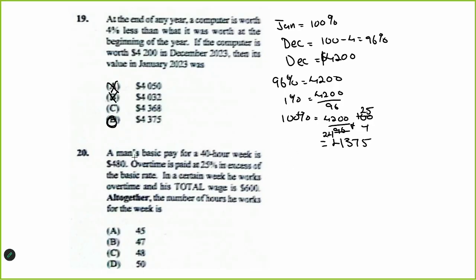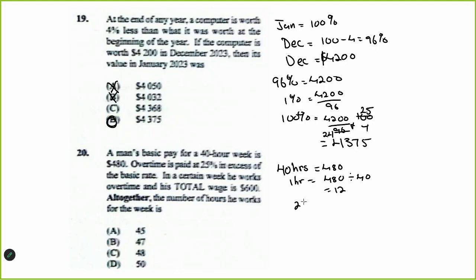A man's basic wage for a 40-hour week is $480. So for 40 hours he's working for $480. So for 1 hour it would be $480 divided by 40, which is $12 per hour. Overtime is paid at a 25% increase.